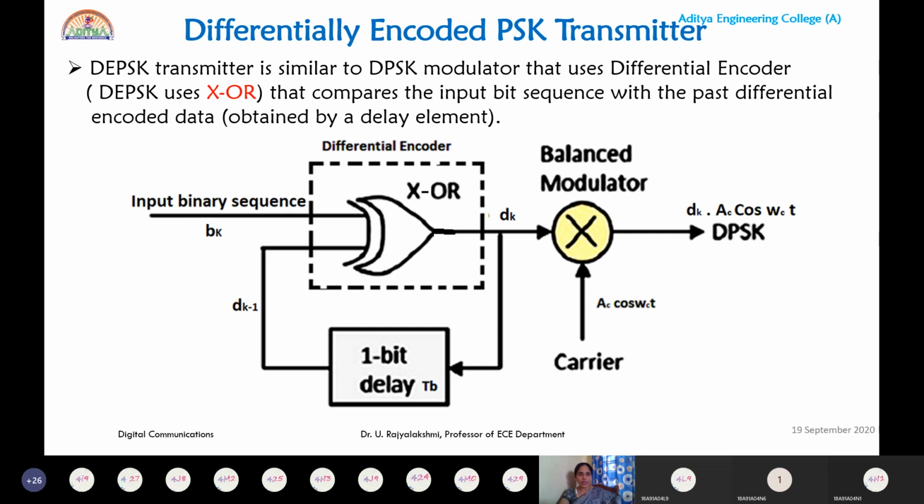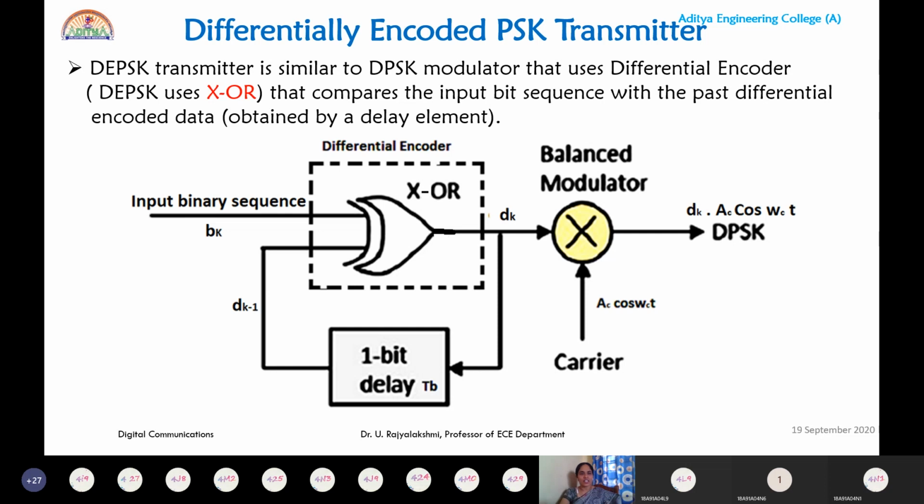For the first upcoming bit of BK, you don't have DK minus 1 because there is no past data, so you can take DK minus 1 as arbitrary data. BK is compared with DK minus 1 to generate DK.